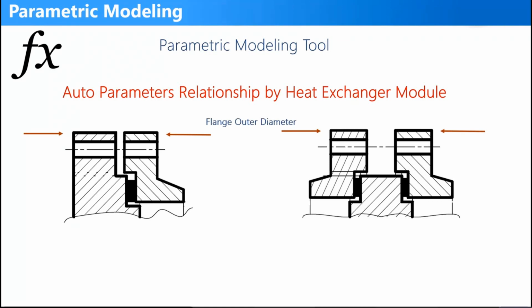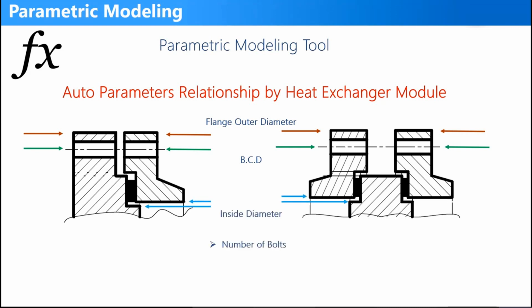If you change it on one side, it will be changed on the second side. The bolt circle diameter, the inside diameter and the clearance, number of bolts, raised face diameter, and diameter of bolt holes. Those are a sample of relationships for some items. So in case of changing the number of bolts on one side, it will be changed automatically on the second side.